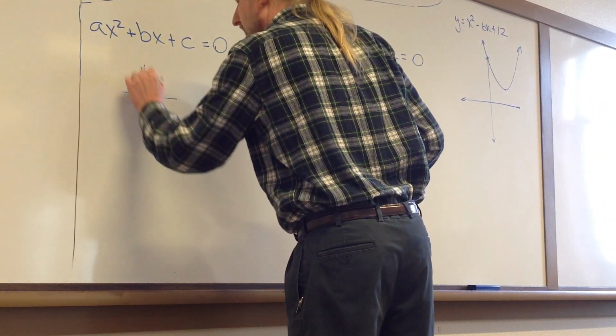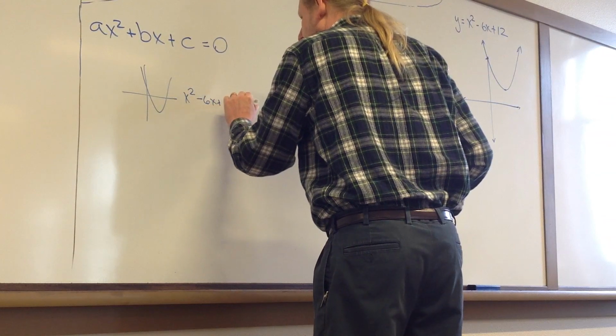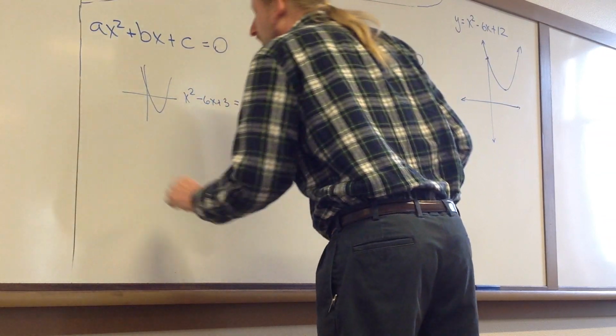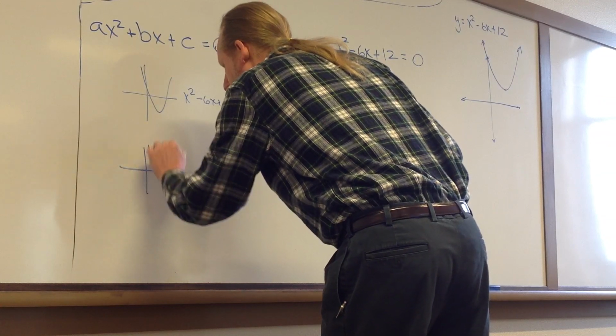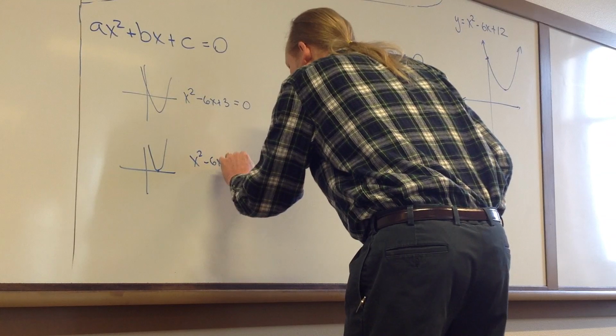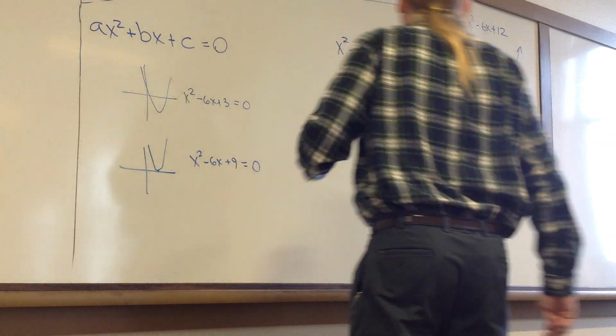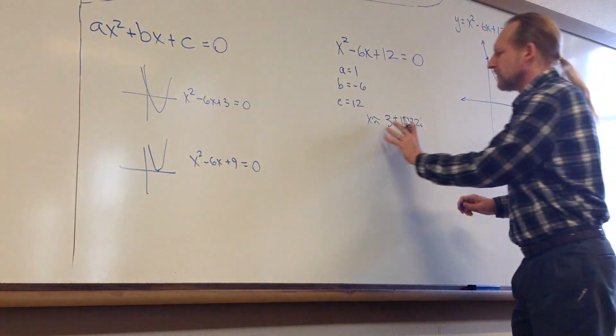That's what we were looking at with this one, x squared minus 6x plus 3 equals 0. You can have quadratic equations that have 1 real valued answer if this is a perfect square. Okay, and then you've got quadratic equations that have complex valued answers.